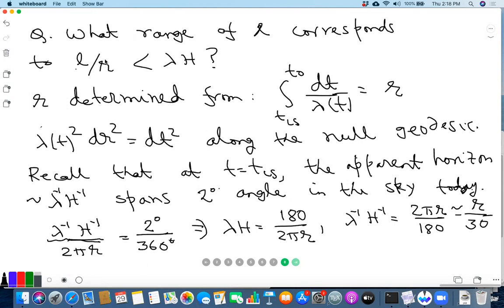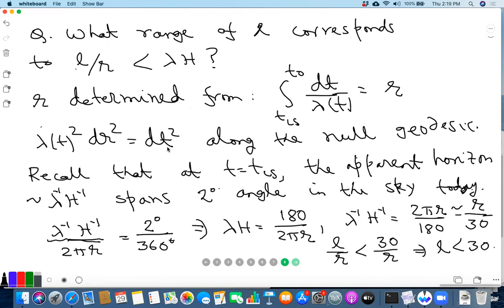Now let's look at this condition: L over r is less than lambda h. So L over r should be less than 30 over r, and this means L should be less than 30. So we expect that when L is large enough, but not more than 30, then L times L plus 1 times CL should be almost flat.